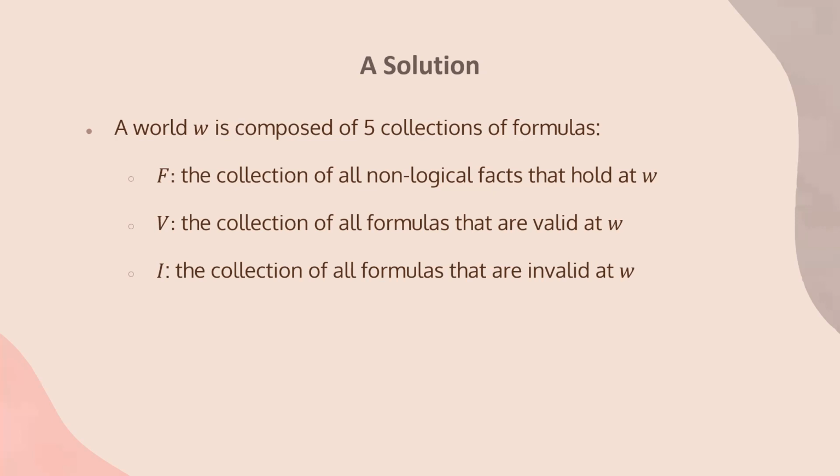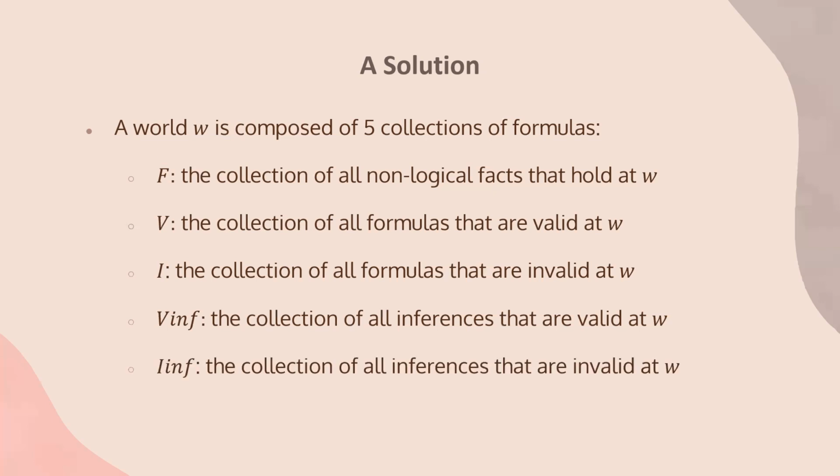These are not necessarily those that are anti-valid, but it could include just things like P, Q, P or R, those types of things. Then we have the collection of all inferences that are valid at a world. So you might have a world at which modus ponens is valid, and you have the collection of all inferences that are invalid at a world. For some logics, modus ponens is not valid, and so depending on which world you're considering, different inferences would fall under different collections.